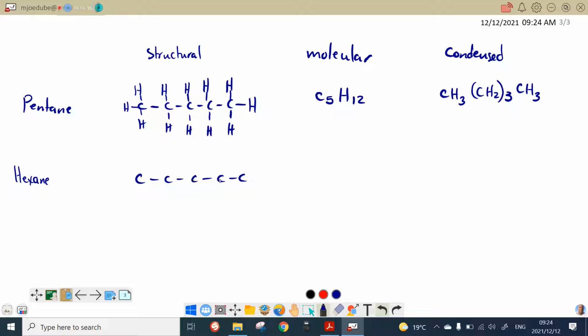Count 1, 2, 3, 4, 5, 6, and then from there you would add in the hydrogens by completing the tetravalency around each carbon. Very important that you count, because if you don't count, that will be marked incorrect. So there you go.